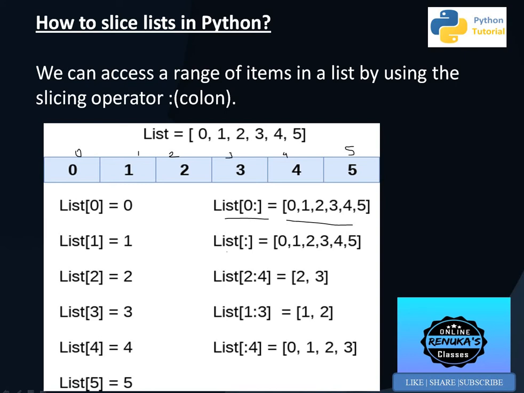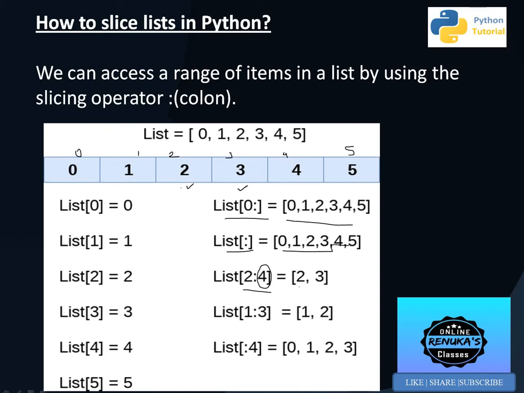If I don't mention any starting or ending index, only a colon, that also means all the elements of the list will be printed. Then [2:4], starting from index 2 to 4, not 4, meaning less than 4. So the upper limit is not included here, as we discussed in strings also. So the elements 2 and 3 will be selected.